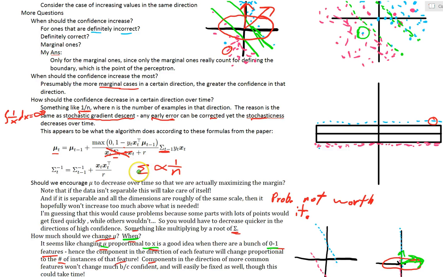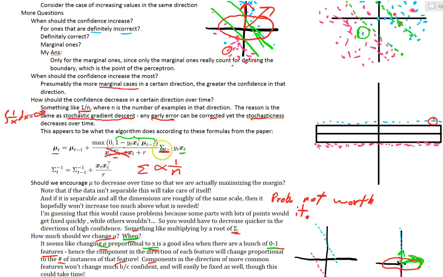I'm not so sure that the update should be proportional to the loss here, because for this point the loss might be very large. And so then we have an update proportional to the loss and proportional to the size of x.